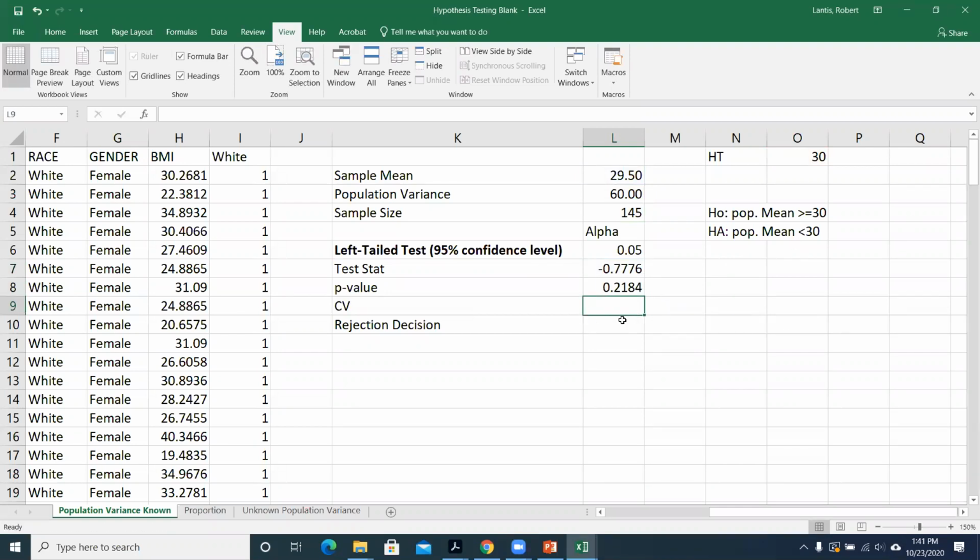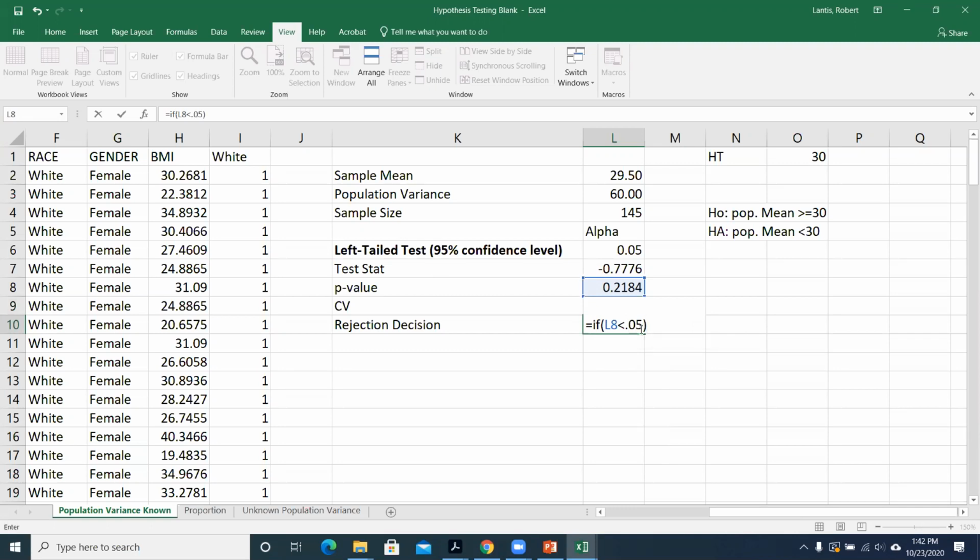I could do my rejection decision here. I'm not going to set it up for every single alpha value like I did the other one. But I could say, if my p-value is less than, and here I've got the 95% confidence level, so my alpha would be what? 95% confidence would be 5% significance, so an alpha of 0.05.